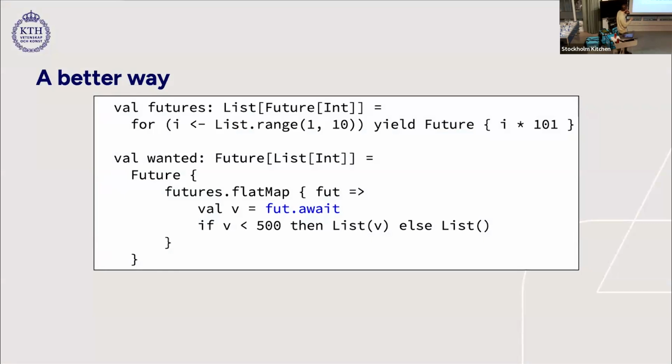For each future, we wait for its result. And then, based on the predicate, we return a list of v or else an empty list, right? And thanks to flatMap, this will directly give us a list of ints, right?